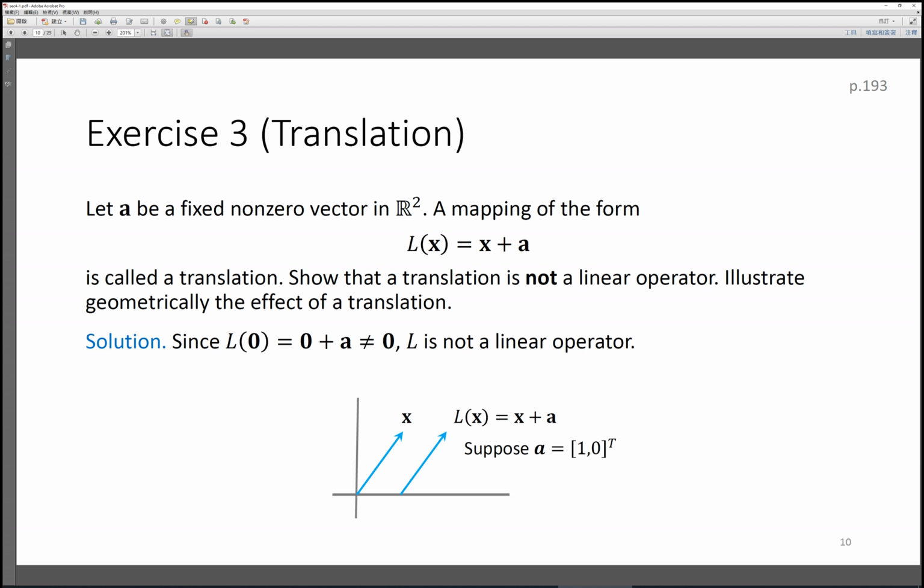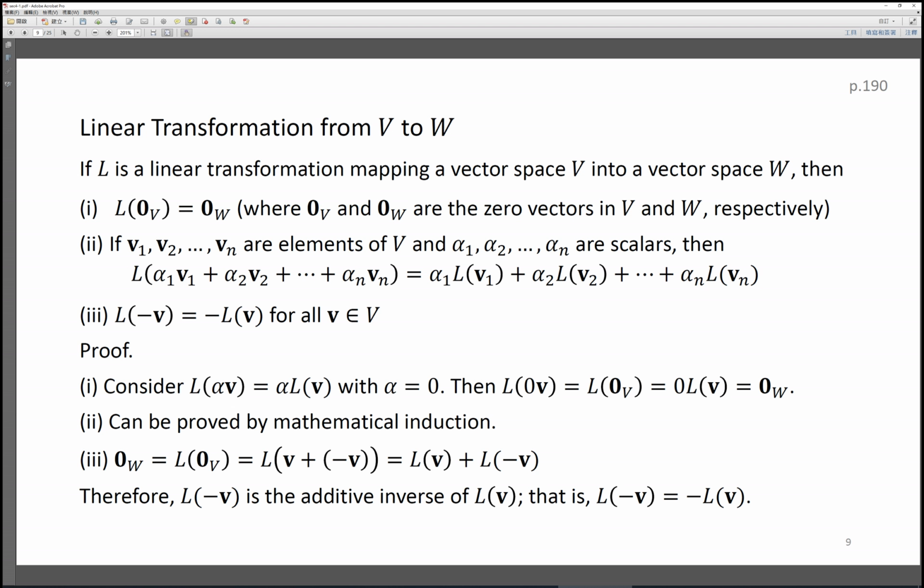To show that L is not a linear operator, we will use the first statement in the previous slide. If L is a linear transformation, then we must have L of 0v equals 0w. In our example, V and W are both R2, and therefore, if L is a linear transformation, then L of the 0 vector in R2 must equal the 0 vector in R2.